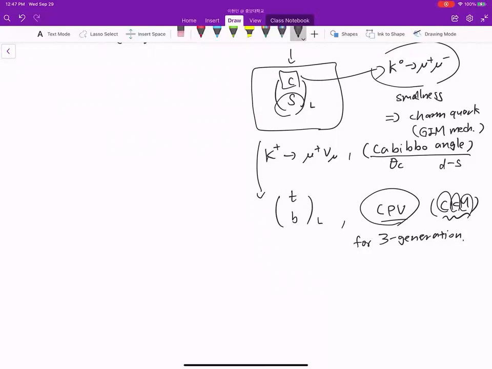Probably Cabibbo was still active, but maybe the Nobel Committee missed Cabibbo at that time and replaced him by Nambu.